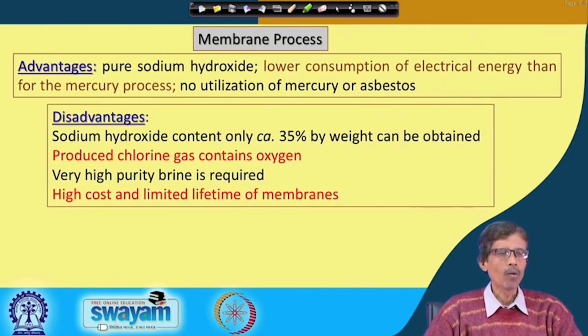So, one of the major disadvantages is that only up to 35% by weight of sodium hydroxide can be produced by this particular technique. So, you have to go for concentrating more and more of the bulk volume that is produced from the electrolysis cell, but this is not a very bad amount, though not very high.